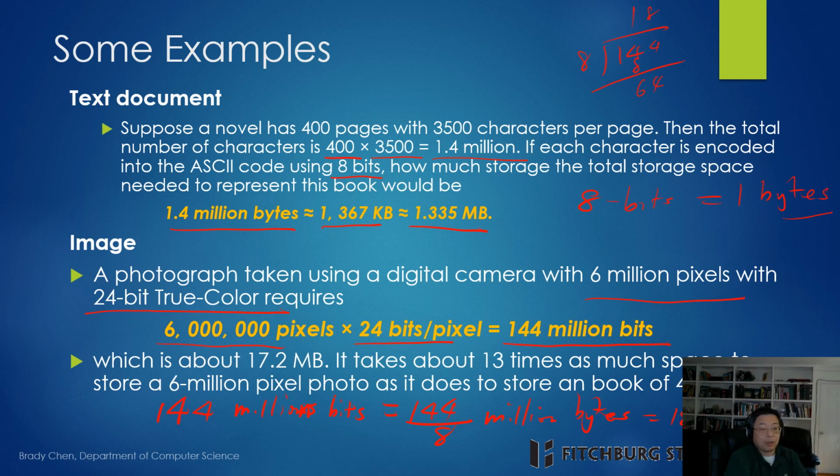Now, in order to convert it into kilobytes or megabytes, we need to divide 18 million by 1024 twice. Then you get megabytes. So that's approximately 18 megabytes. So not exactly the same. Now 1 million is approximately the same as 1 megabyte, but not exactly, because for 1 million you divide by 1,000, but for bytes you divide by 1024.